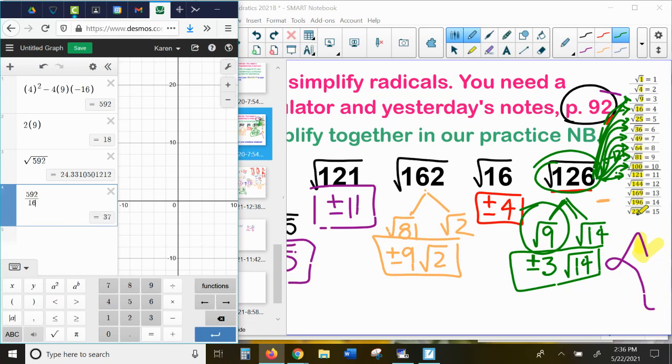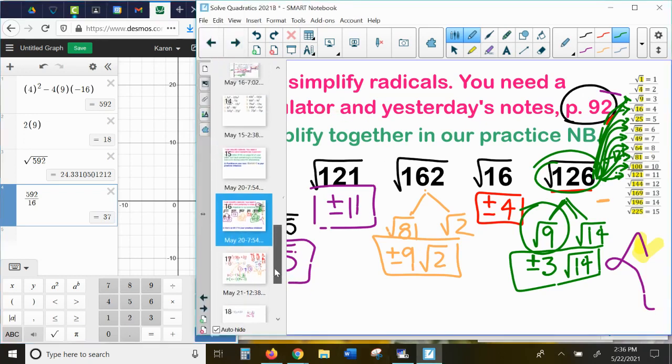Try a bunch of numbers. I'll try some numbers. 169 doesn't work. 144 doesn't work. 121 doesn't work. If you keep going down the list, I believe the first one that's going to work is actually 16. So 16 and 37, that's going to be the first one that works. Don't take my word for it, though. You should try it yourself.